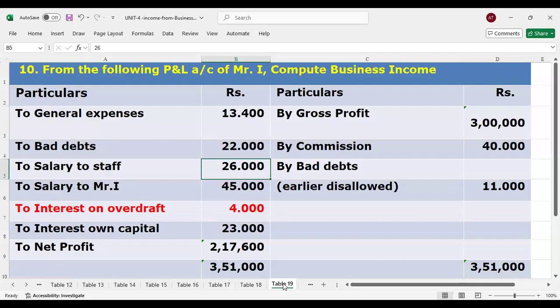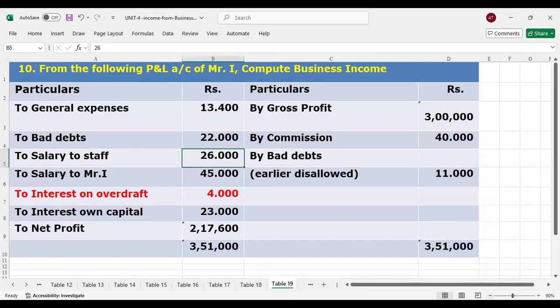So now the last example, just read the example, then we can discuss. So here we have general expenses, bad debts, salary to staff, salary to Mr. I, then interest on own capital, gross profit, bad debts earlier disallowed.